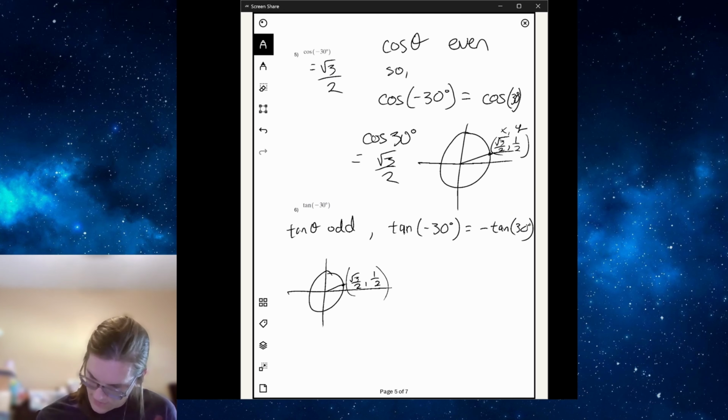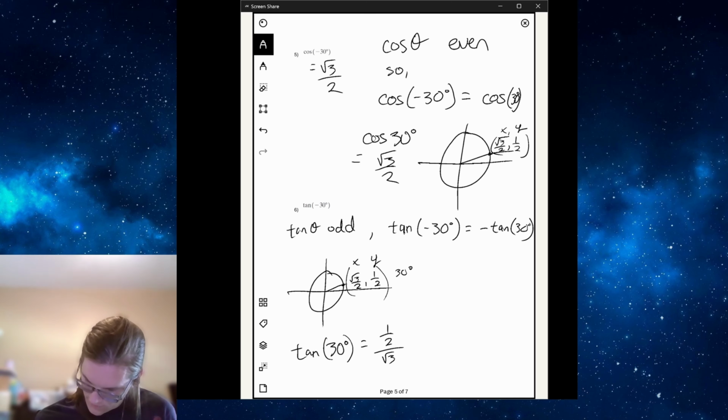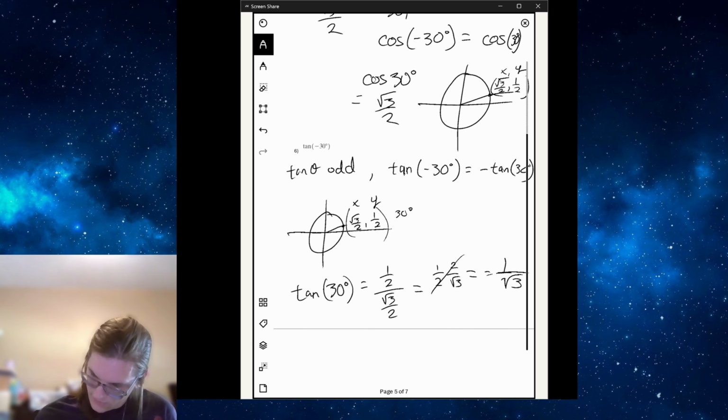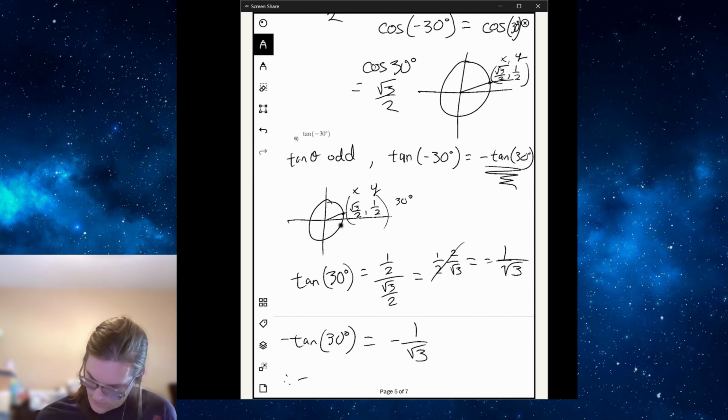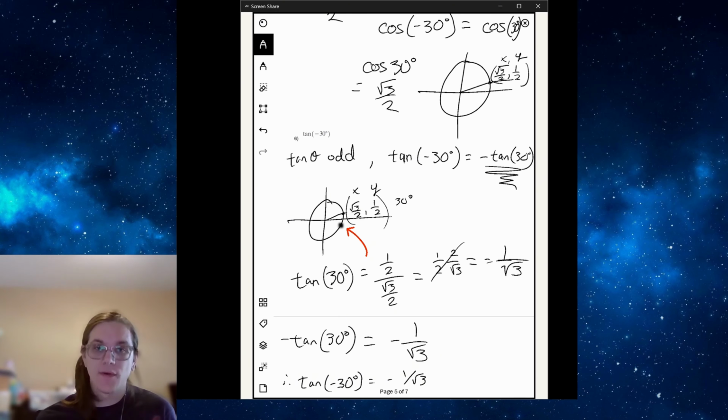So tan of 30 degrees equals 1/2 over root 3 over 2, which equals 1 over root 3. I'm looking for negative tan of 30. So we have, therefore, tan of negative 30 degrees is negative 1 over root 3.